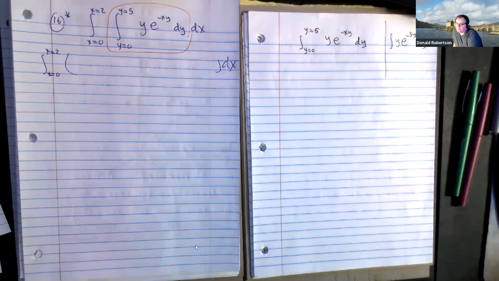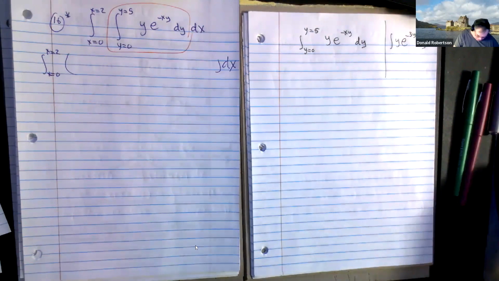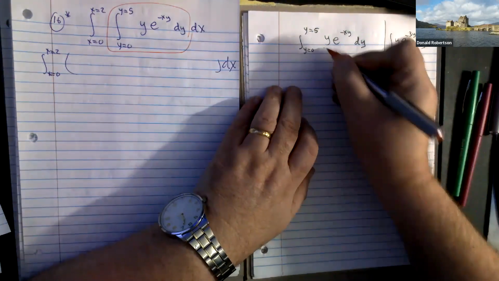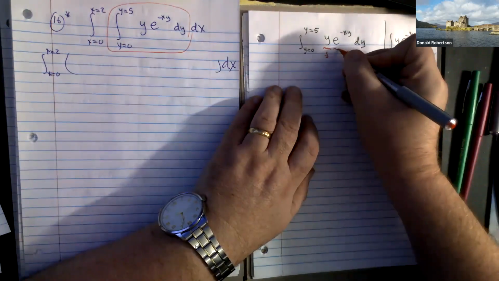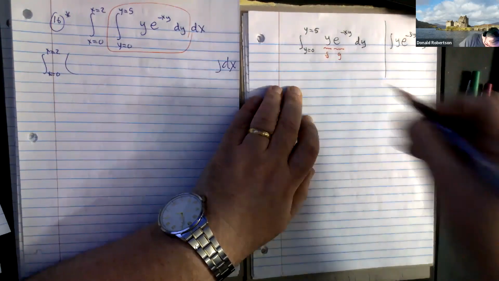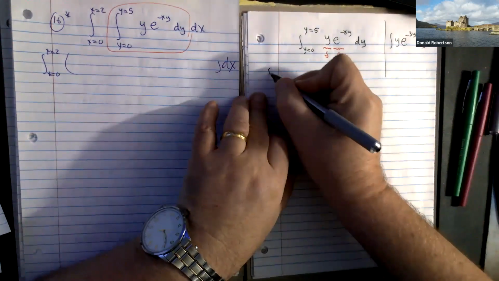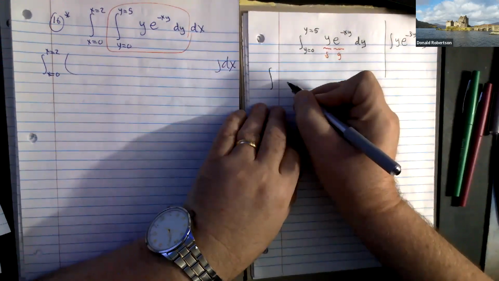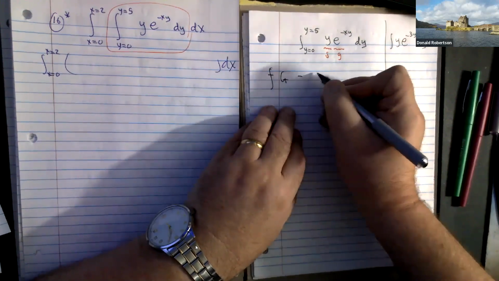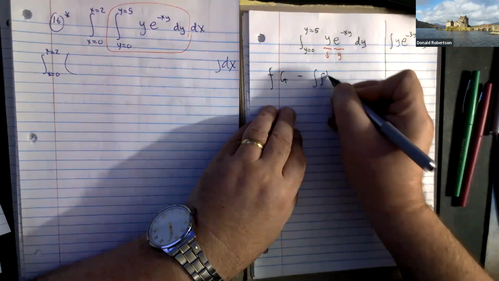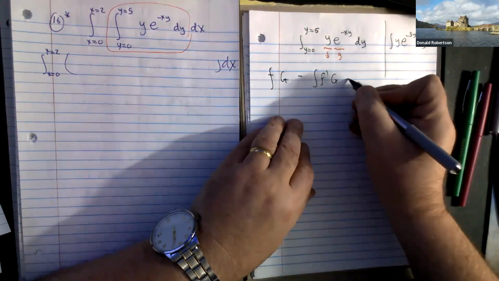You see it? Integration by parts. So I'm going to call this piece F, and I'm going to call this piece G. And so it's going to be FG, take away the integral of F dashed G, right? In this case, dy.